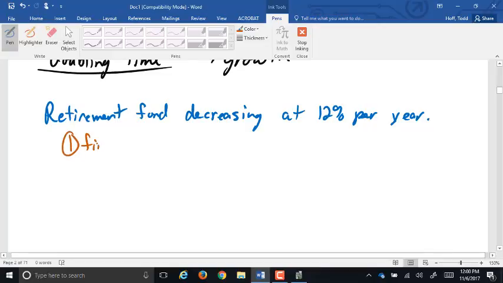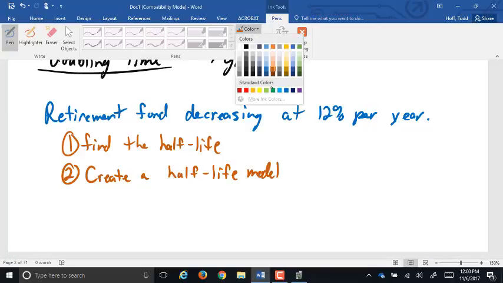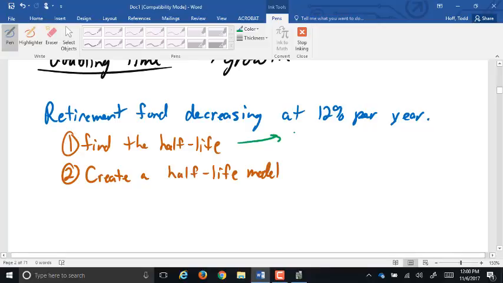One, I'm going to find the half-life. And two, I'm going to create a half-life model. So first, to find the half-life, I need to first find the exponential model.